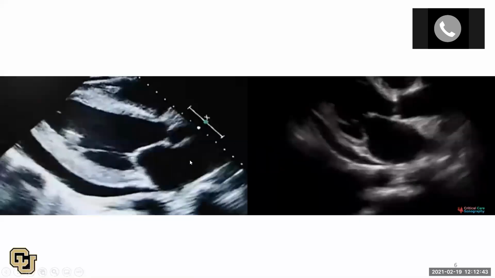When we compare images 1 and 3 against each other, you'll notice that both of them have this pericardial effusion, and there is a way you can tell whether something's a pericardial effusion or a pleural effusion. What you're going to look for is this rat tail appearance in comparison to the descending aorta.